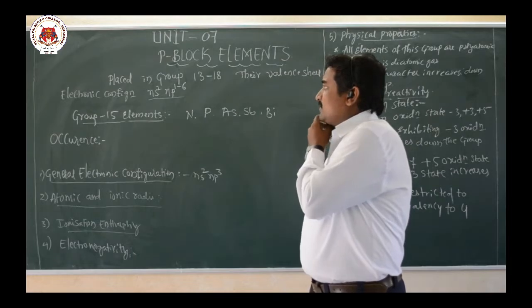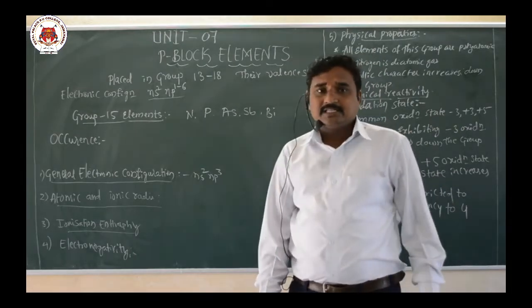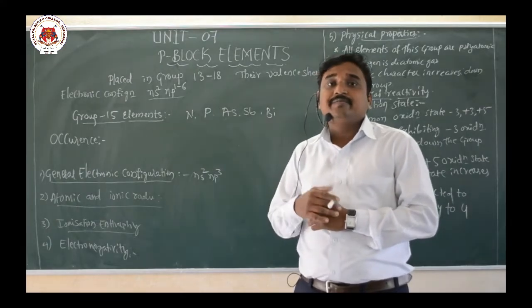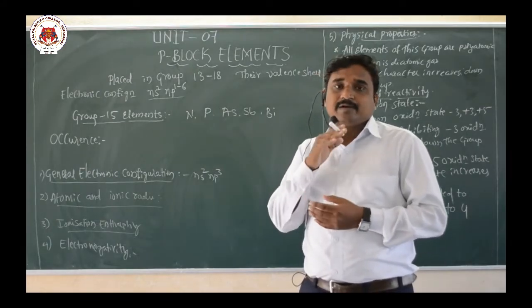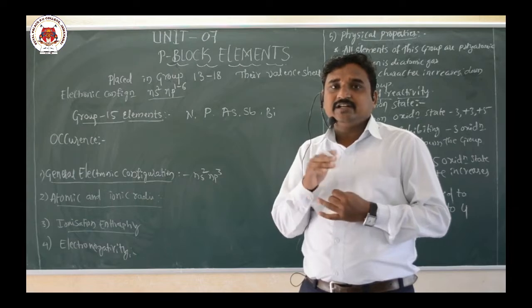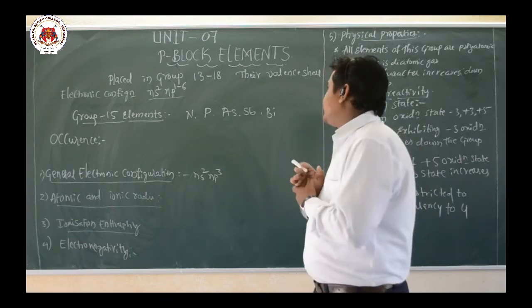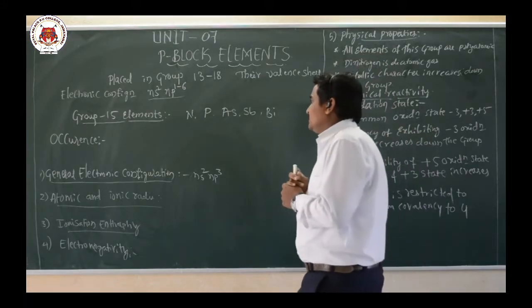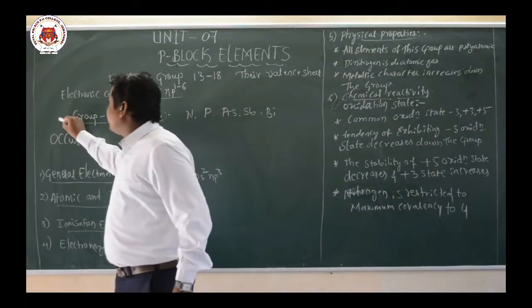Now I will move to the concept of group number 15 elements. In this chapter we are going to learn groups 15, 16, 17, 18. The first one is group number 15.